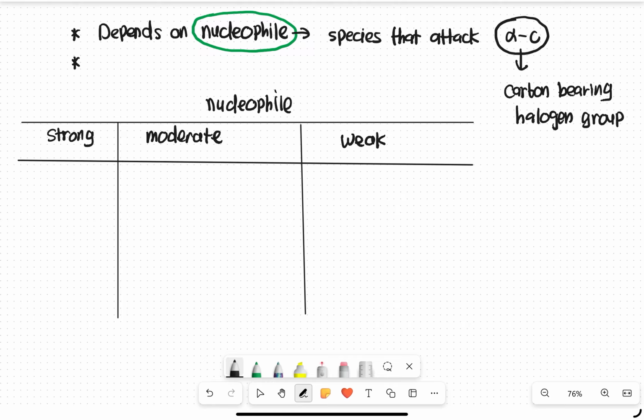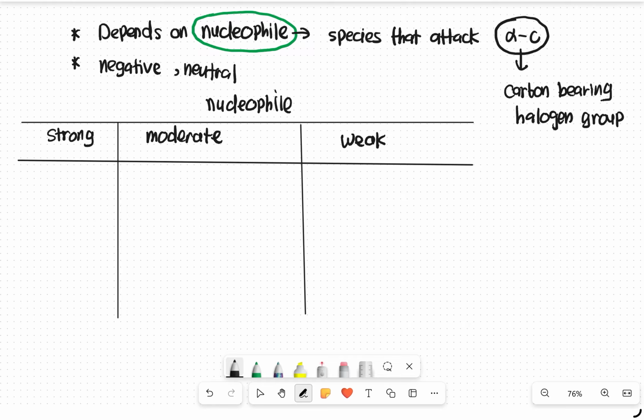Second, usually it is negative, but sometimes it can be neutral, depending. For strong, moderate, and weak, I just highlight the most common nucleophiles. No need for you to memorize every nucleophile, but the ones I listed here, at least make the effort to memorize.